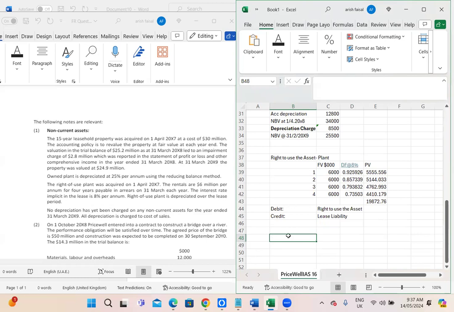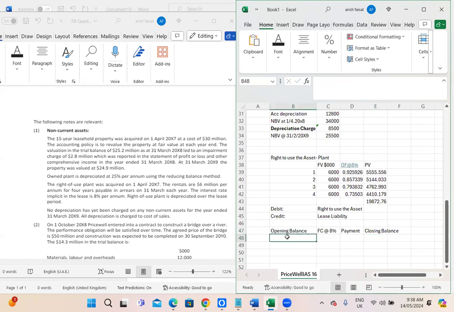So this is the starting. Here you have the opening balance, then you have the finance cost, the interest rate at 8%, then you have the payment, and then you have the closing balance.